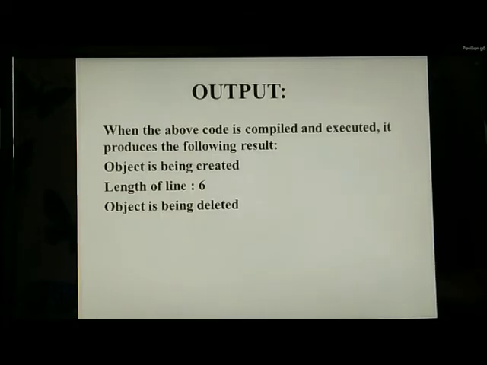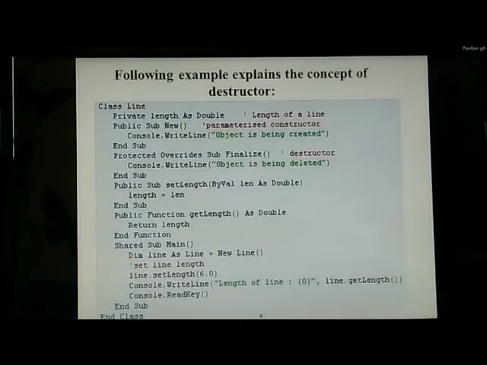When the code is compiled and executed, it produces the following result: Object is being created. This is the statement in the constructor, as the first method is executed here.